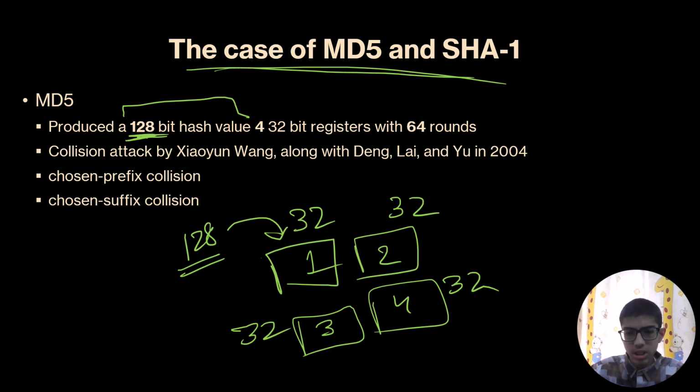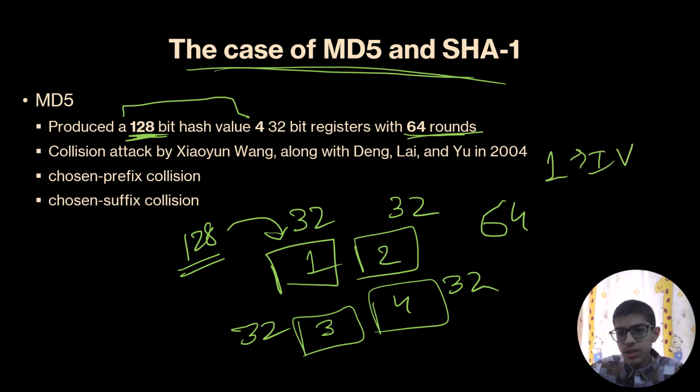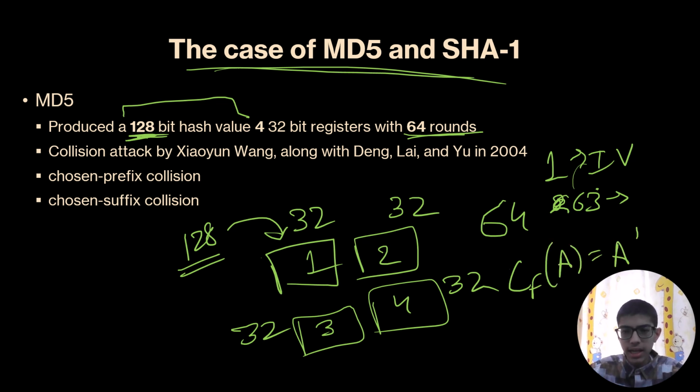We have 4 bit registers here in the processor, and 64 rounds of the compression function is applied. So one round is with the initialization vector IV, and the other 63 rounds are with the hash value obtained by applying the first. So we have compression function on A results in A dash, then compression function on A dash results in A dash dash.